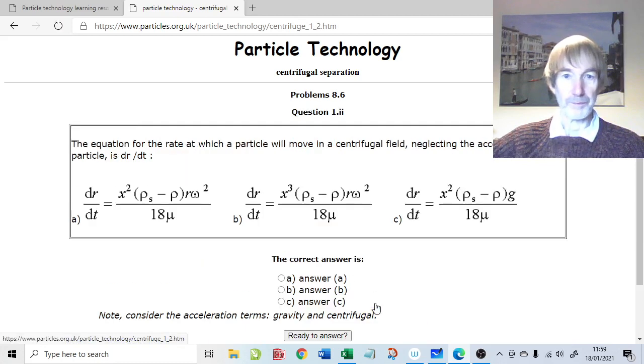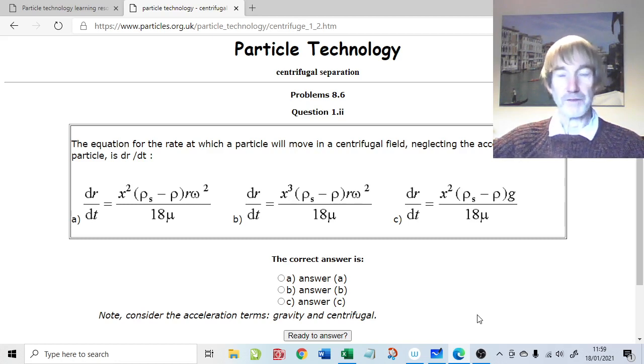So let's move on. Now what we've done is swap it over to a centrifugal field. Instead of u, which would be dz dt if we're using z as the height coordinate, we now have dr dt. And instead of g, the acceleration due to gravity, we need r omega squared. It's a straight swap.